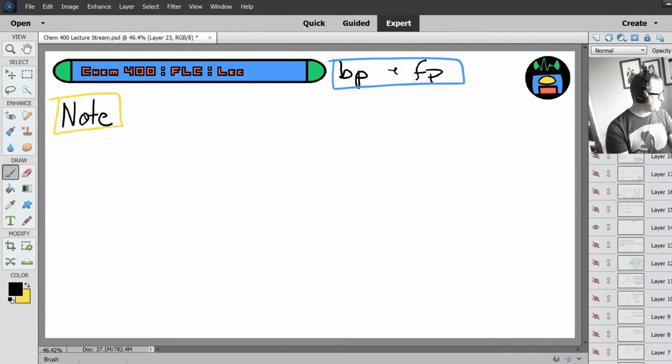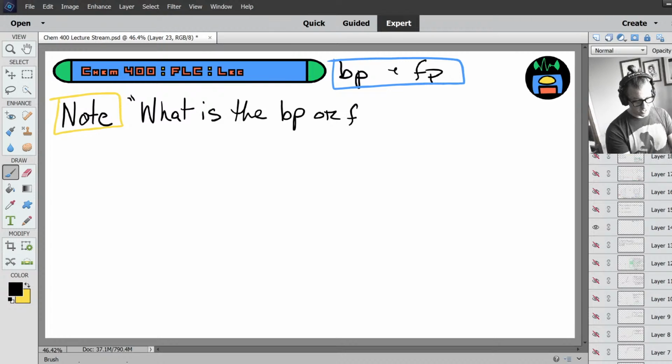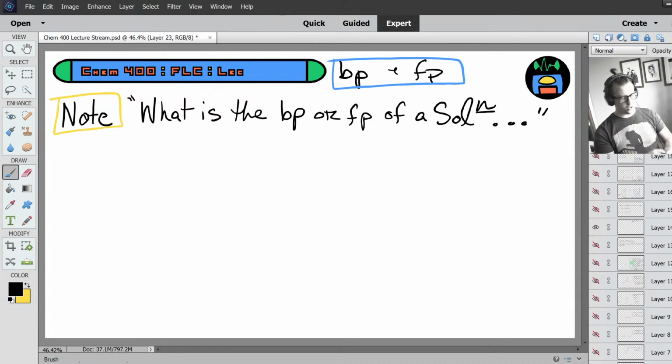You're going to run into problems that say what is the boiling point, or your freezing point? They could also ask you for the freezing point of a solution, and then they'll give you more information, all that you need to solve it.